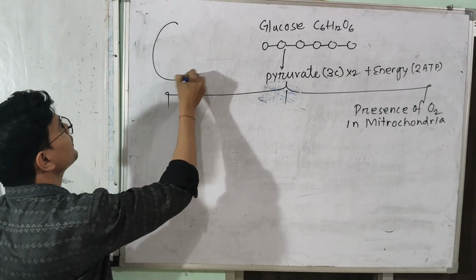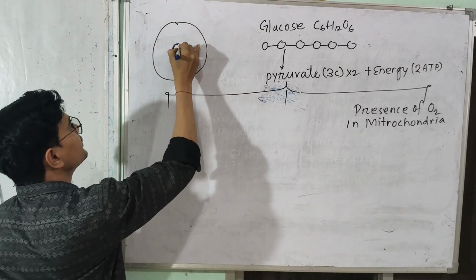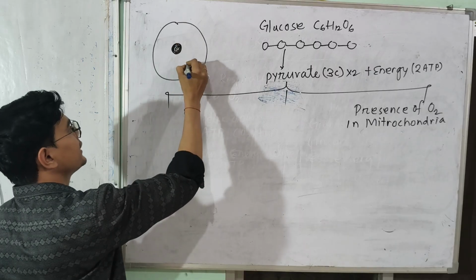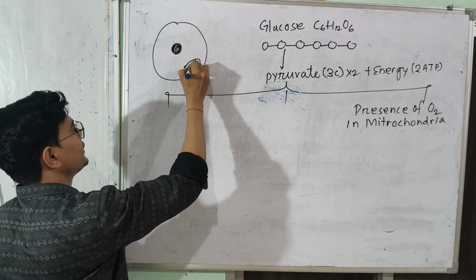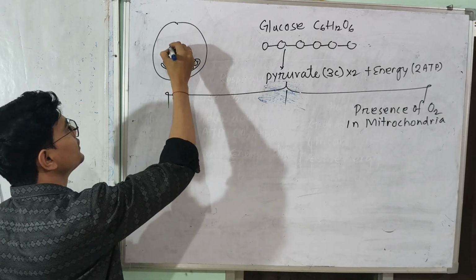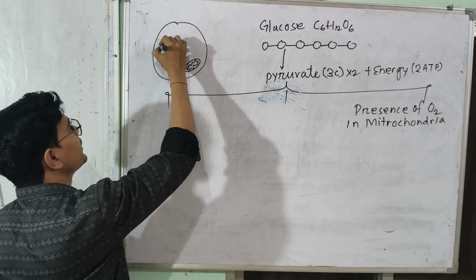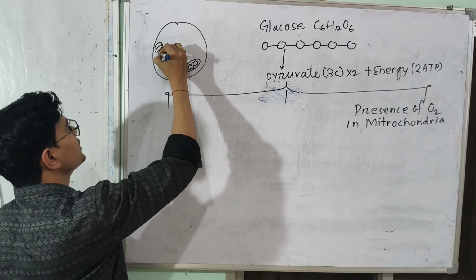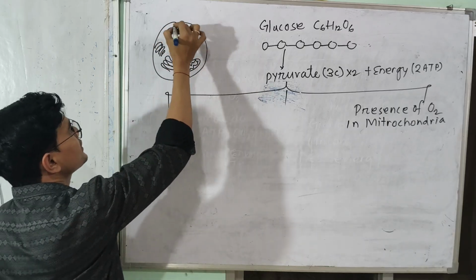Cytoplasm, this is the cell. This is the nucleus. Here cell organelles are present. This is the mitochondria, this is the endoplasmic reticulum, this is the Golgi apparatus. Many chloroplasts are present.